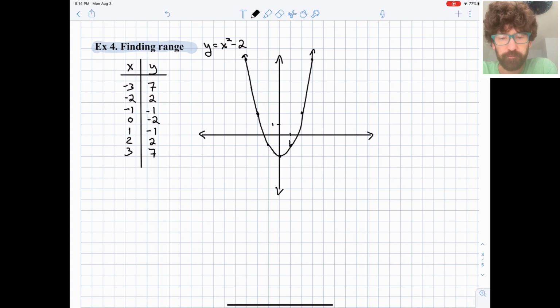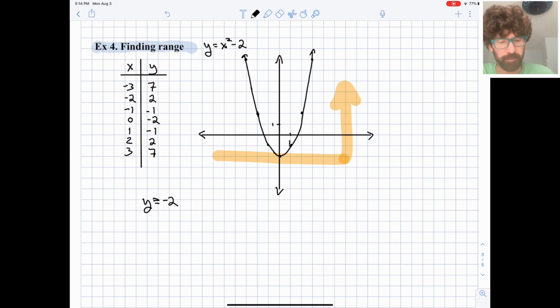But let's think about what the range would be here. Okay, so the range, it looks like, is everything at -2 and above. It looks like this parabola will never have any points below -2. So the range of this guy is y is greater than or equal to -2.